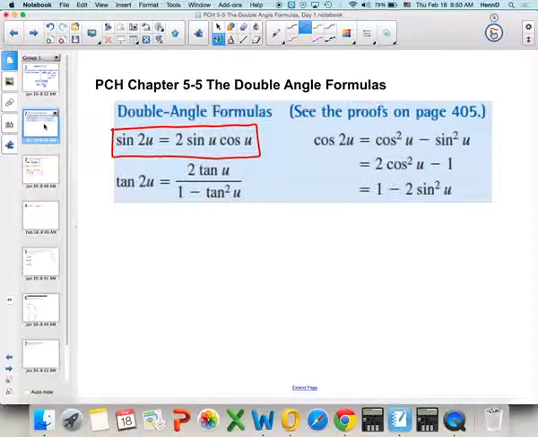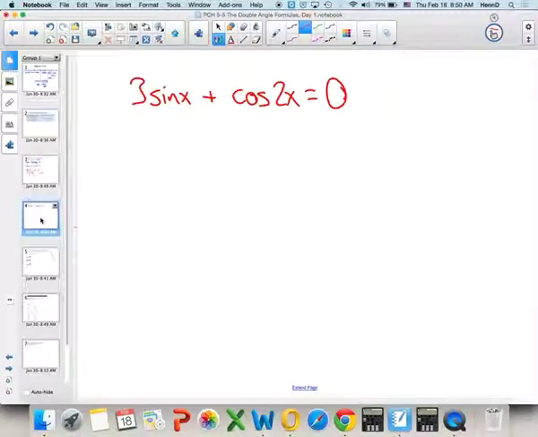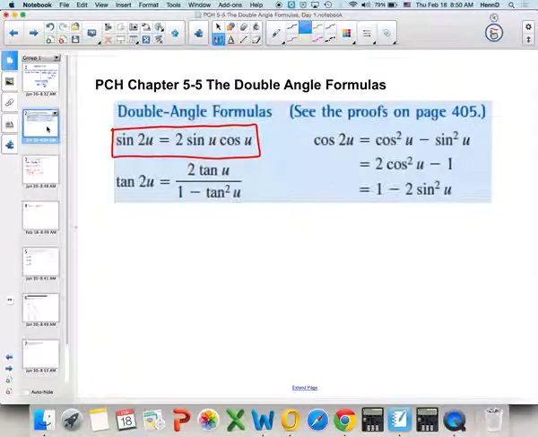Now, Matthew's saying we should use the 1 minus 2 sine squared. Why would we use that as opposed to the other 2 options? Because we want to get it in terms of one.